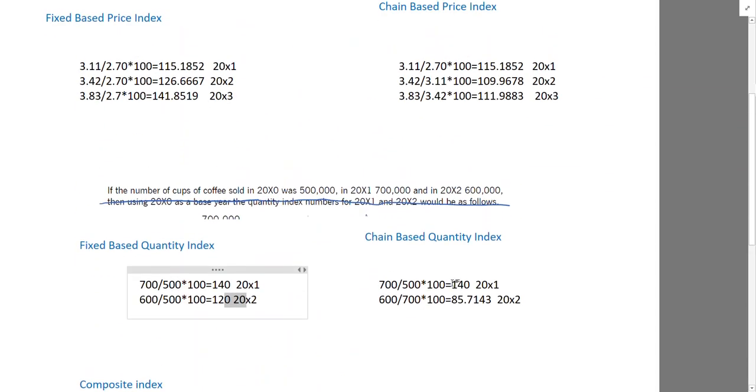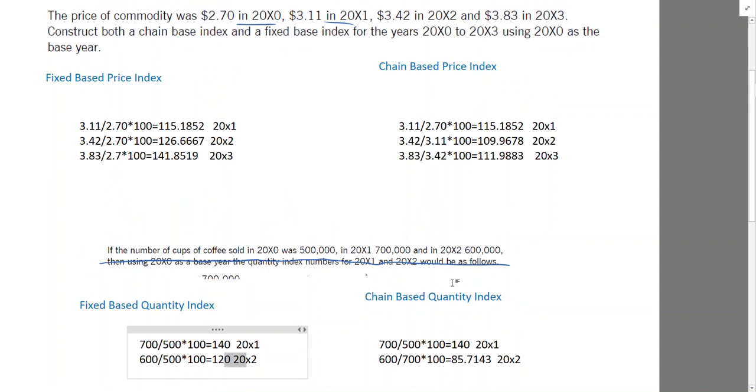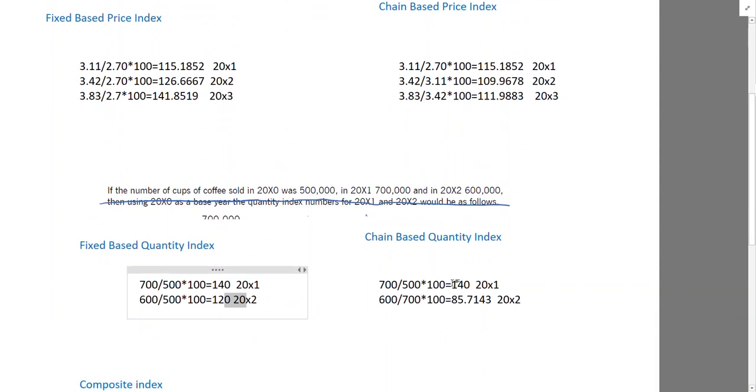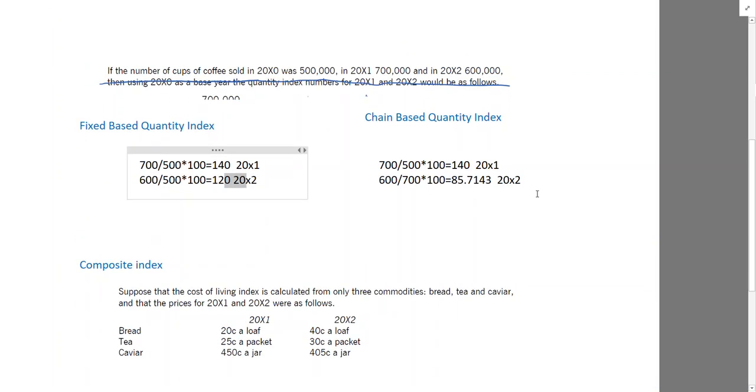So price index looks at price change, quantity index looks at quantity change, and fixed base uses the original year as a base, and chain base looks at the previous year as base.